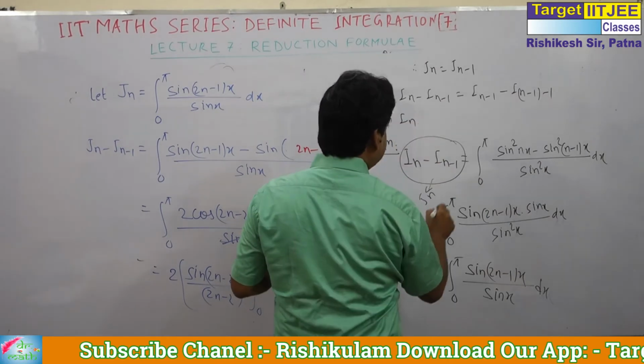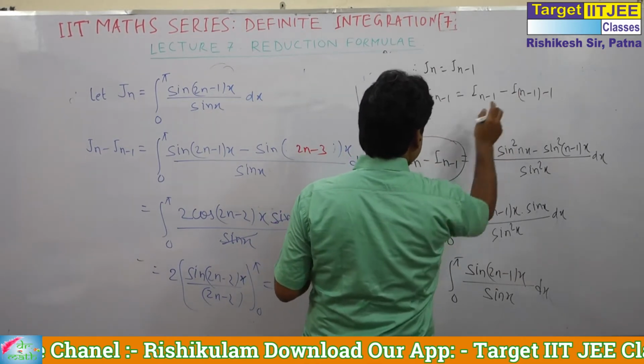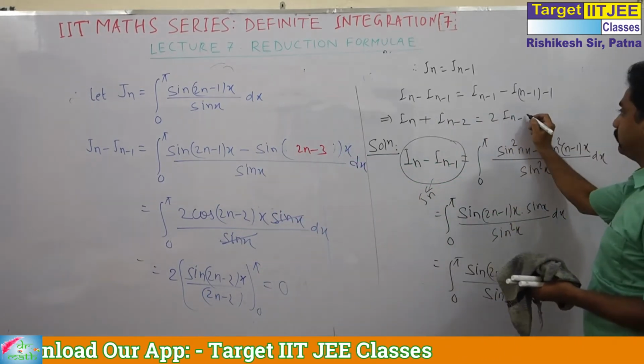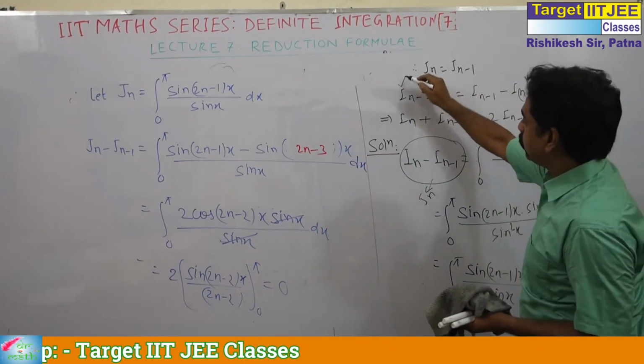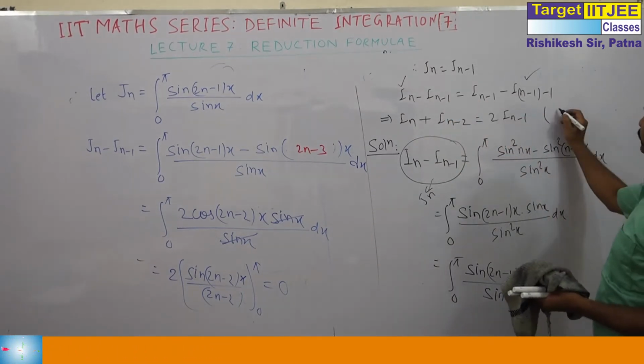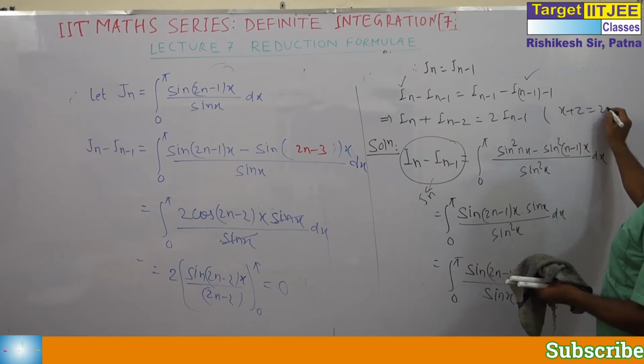This is I_n plus I_(n-2) equals 2I_(n-1). We keep these two together and these two together. So is it a relation of the form x plus z is equal to 2y?